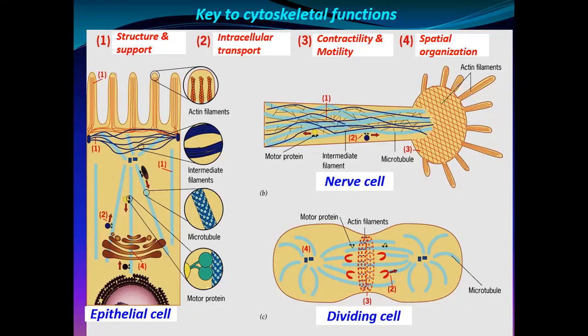And then you can see the light blue color one, which is the Golgi apparatus. From the Golgi apparatus, the vesicles are going to the cell surface. It is not just going through the cytoplasm. That means the vesicles are transported along the microtubules. So the microtubules act as what?